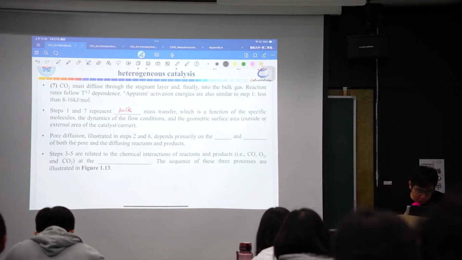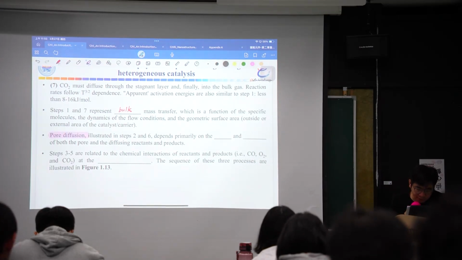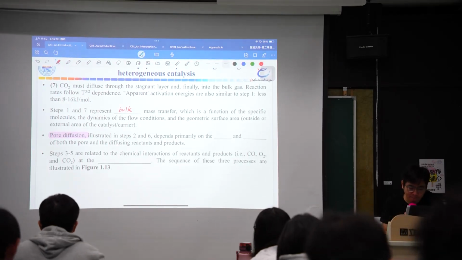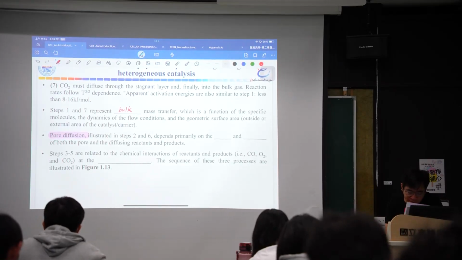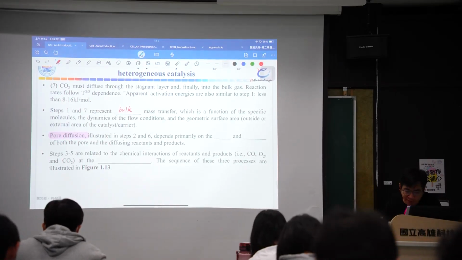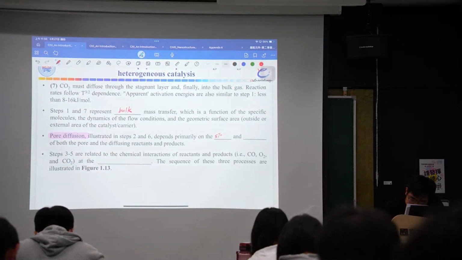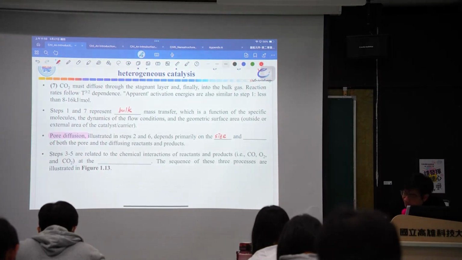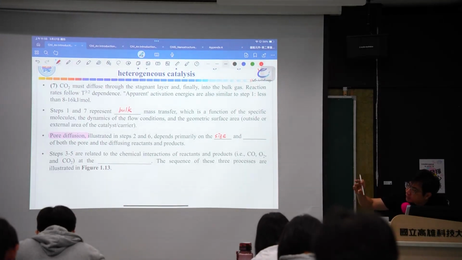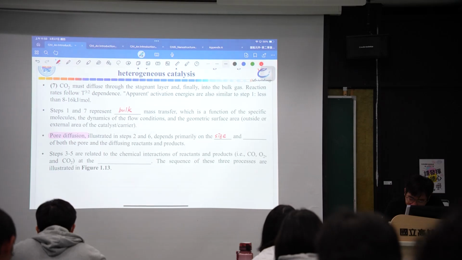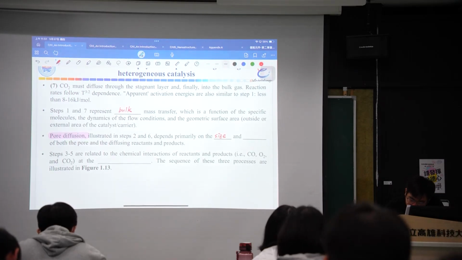Well, and the pore diffusion, step 2 and step 6, depends primarily on the size, length, and the shape.